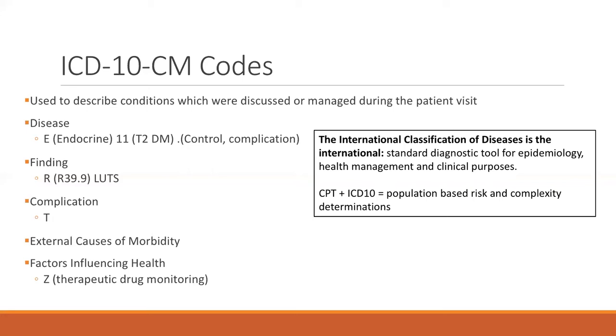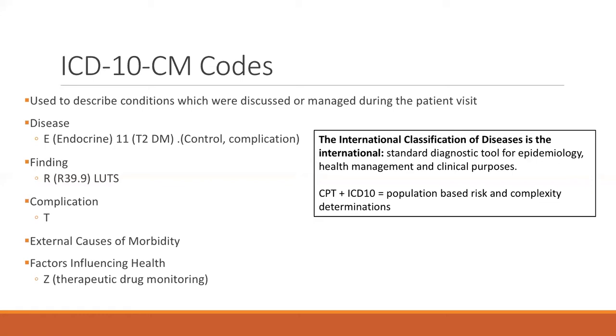And then there's a decimal point, after which there are quite a few potential combinations of numbers that are going to indicate control, complications, the mechanism of treatment, whether the patient is on oral hypoglycemics, diet controlled, or insulin controlled. This is going to give you your final code.